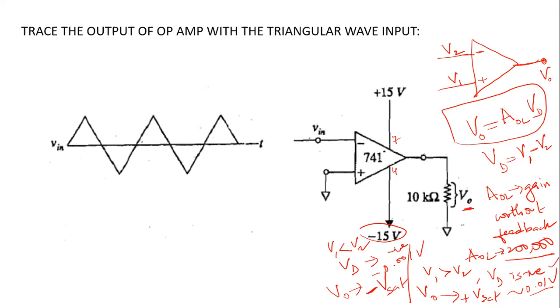You cannot have any voltage in between, because even for a very small difference between V1 and V2, 0.01 or 0.001 or even 0.0001, because of this large open loop gain, it will go into either positive or negative saturation, right?